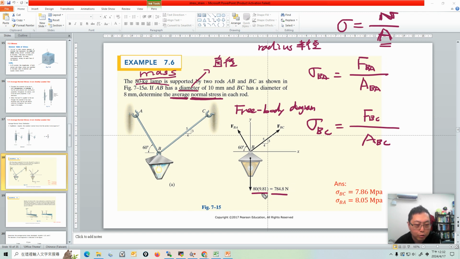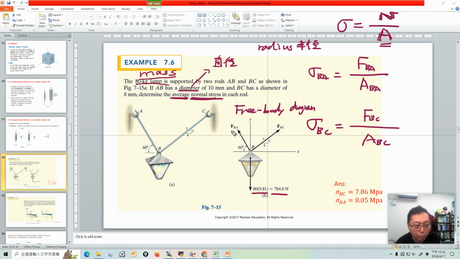That's why we have to multiply by 9.81 to become a force. They give you this angle information: here is 60 degrees, and here it gives you the ratio of this right triangle.